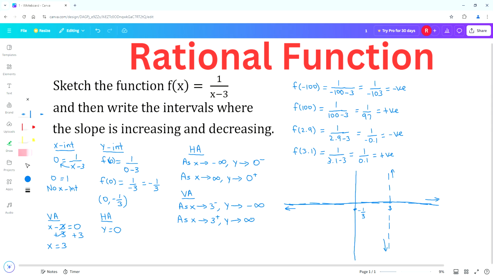Now we can join these end behaviors. So this can be the sketch of function f of x. Next, we have to write the intervals where the slope is increasing and decreasing.